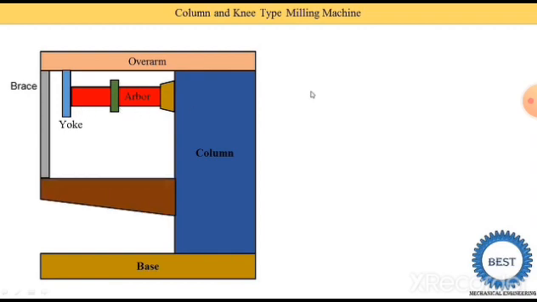Now the next component is the knee, and this knee is supported by the elevating screw or a screw jack. It is one type of screw, either an elevating screw or a screw jack. It is operated by automatic mechanisms, by an electric motor or by hydraulic mechanisms.